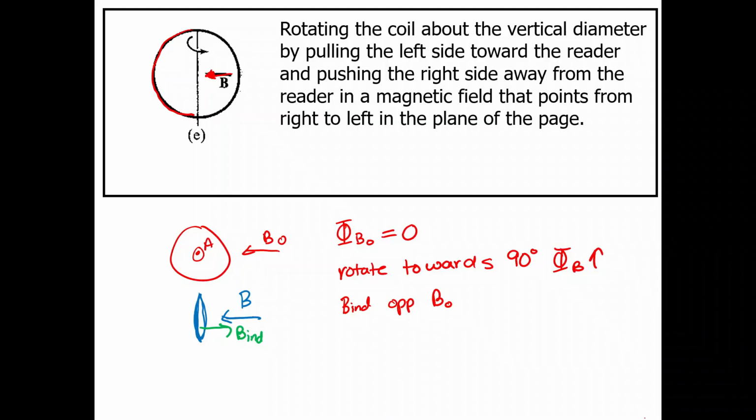So if I put my thumb to the right in the direction of B induced, my fingers are going to curl out the back and up towards the front. So they're going to curl up and out. So my I induced is going to come up out of the page, back behind that. If I was to then flatten that again, my current is going to be coming in this direction, because I'm going to need that B induced that is created in that loop.